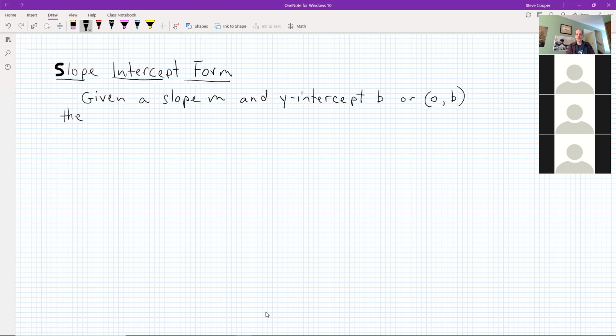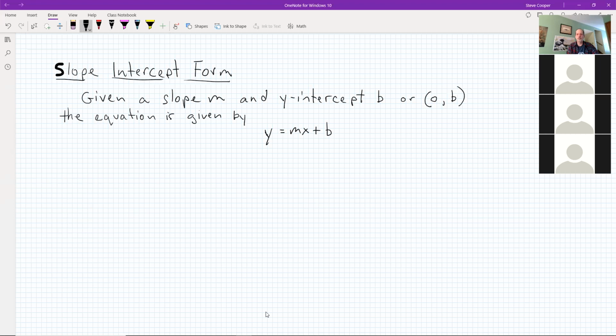This just is where it touches the y-axis, so x is 0. And the equation is simply y equals mx plus b.